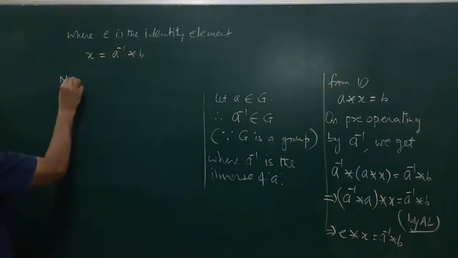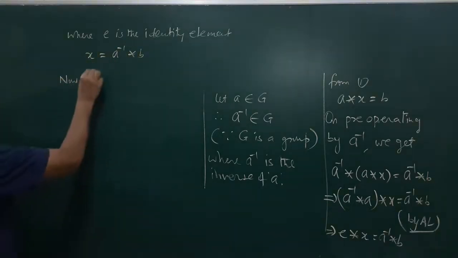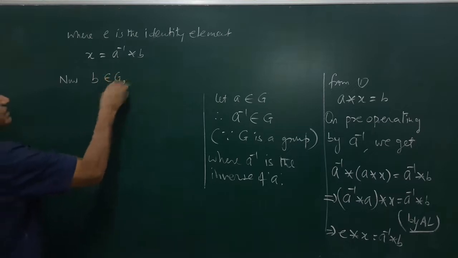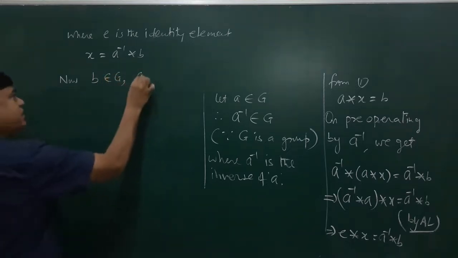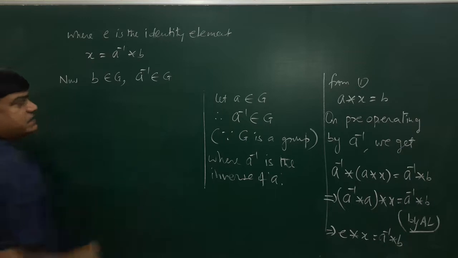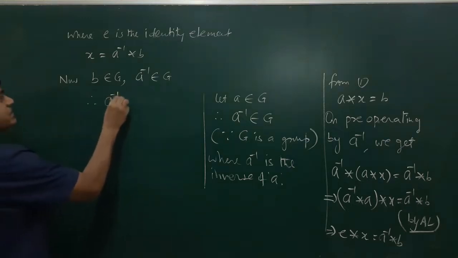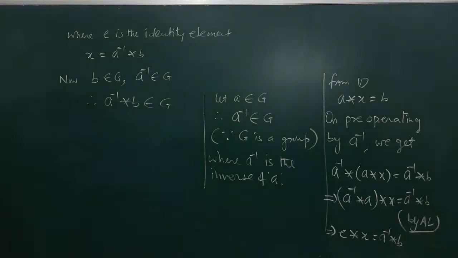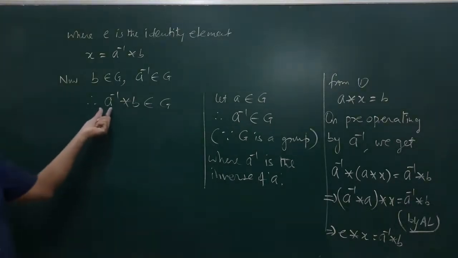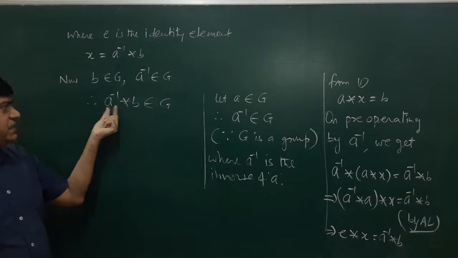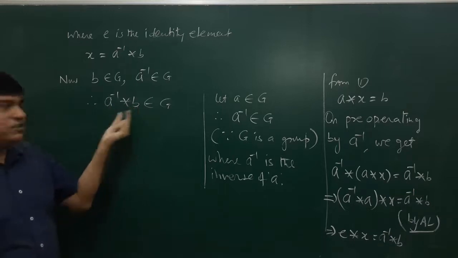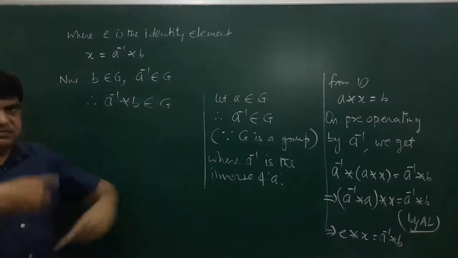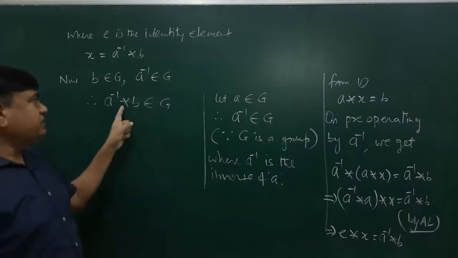Now b belongs to G, a inverse also belongs to G. Therefore, the composition of these two members belongs to G. This is a member of G, this is also a member of G, so binary composition, because G is closed with respect to this.